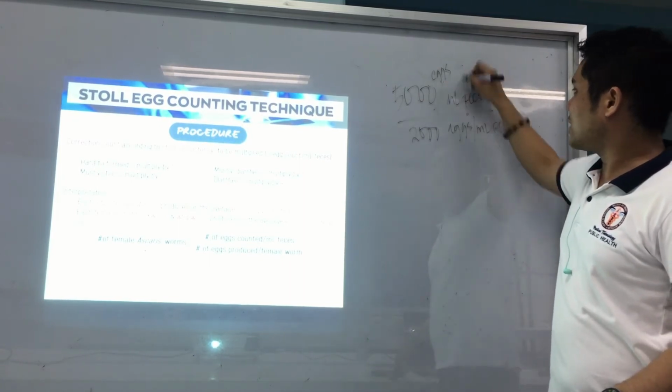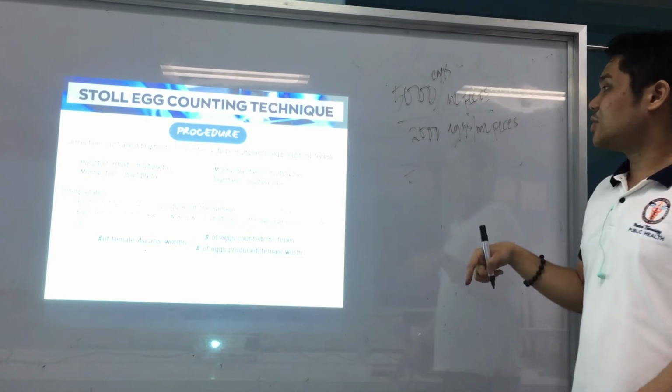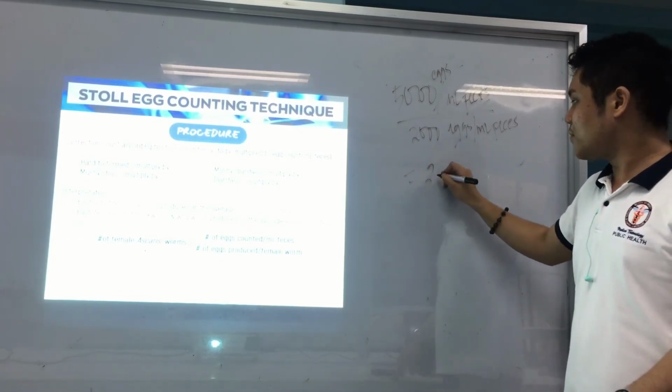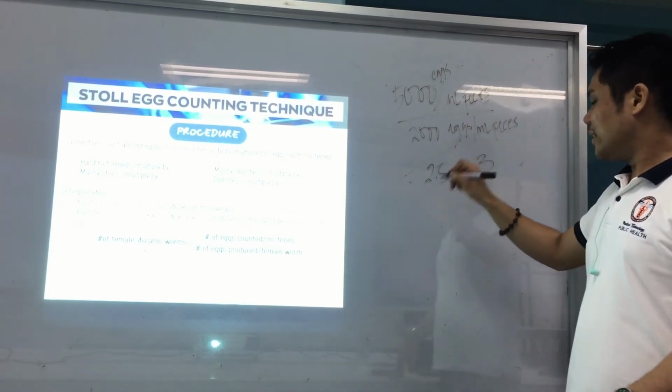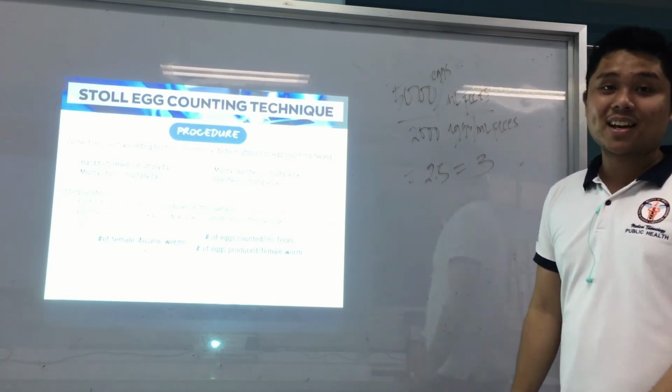So your units will be canceled out. You're left with 5,000 divided by 2,000, which is 2.5, or that's equivalent to 3. Meaning, there are 3 female Ascaris worms.